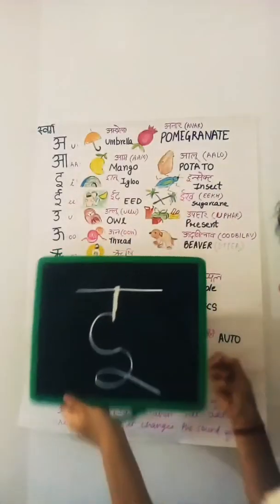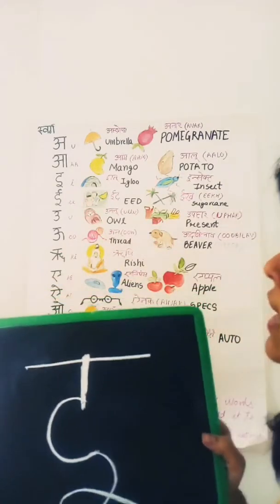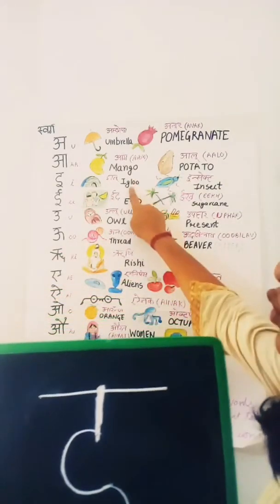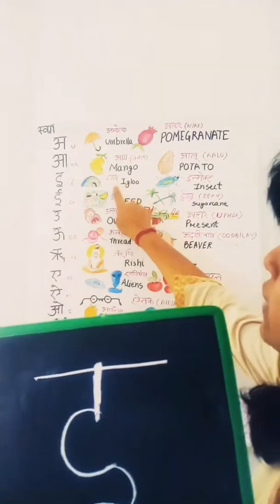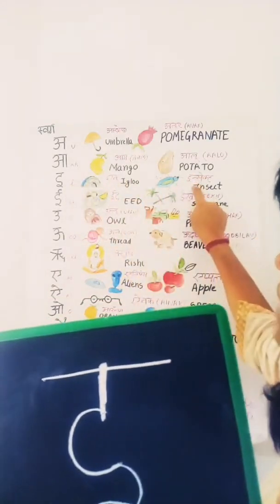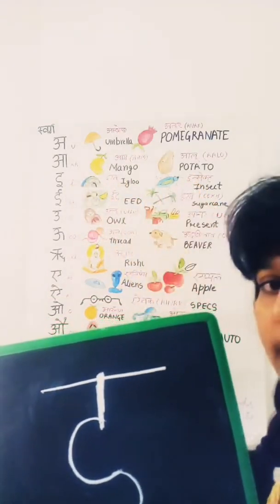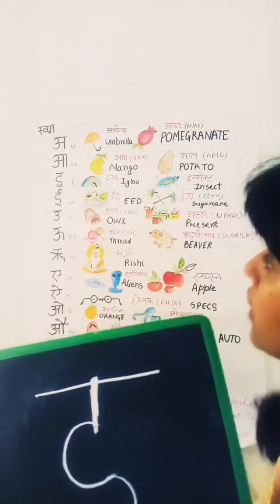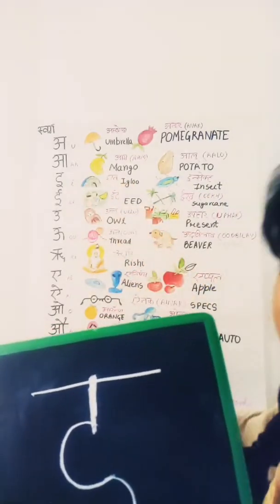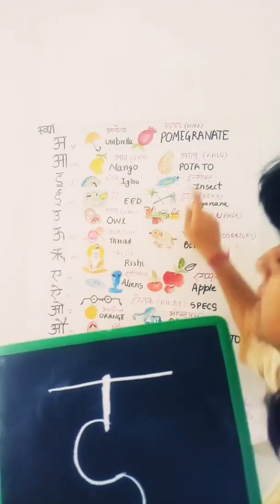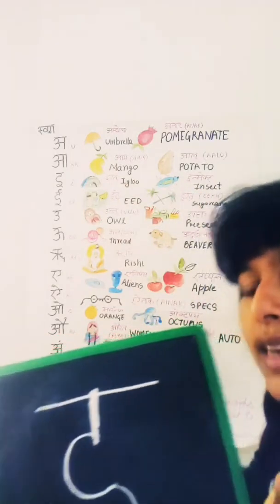Then it becomes E. E for igloo. E for insect.